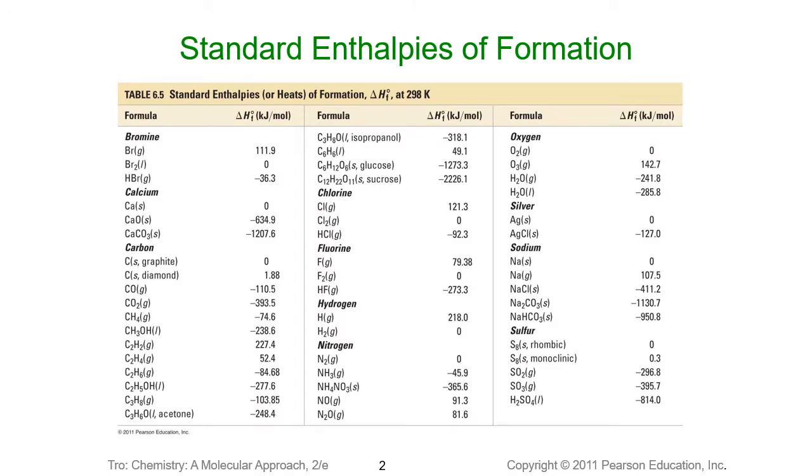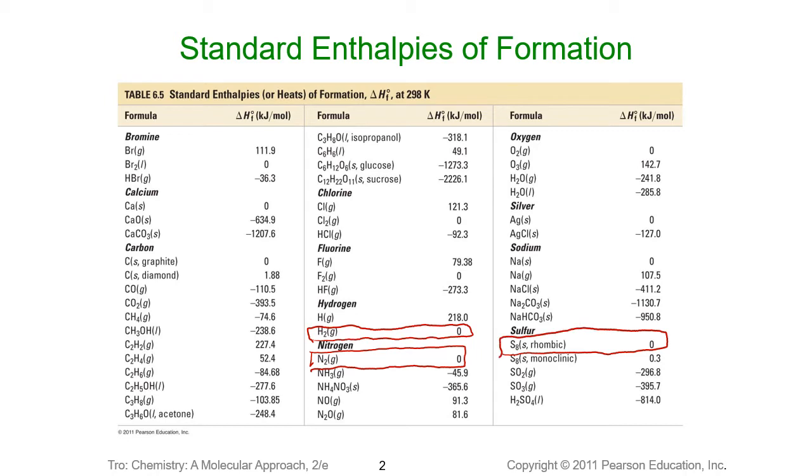There are tables of standard enthalpies of formation that can be used in order to do calculations. And again, if we want to find the elemental form, we look for where the standard enthalpies of formation are equal to 0. Now this isn't too hard to guess for hydrogen and nitrogen, but if we look at sulfur, we have S8.